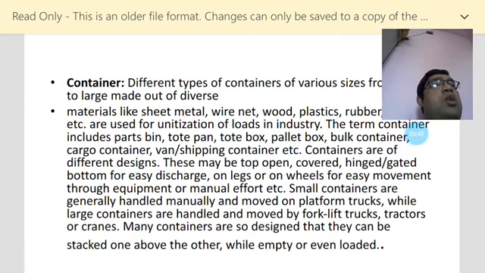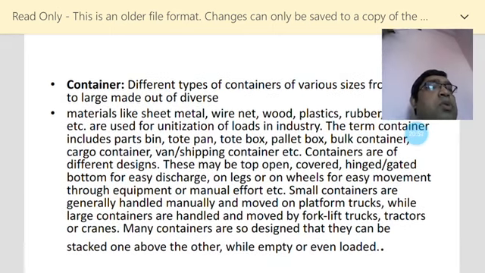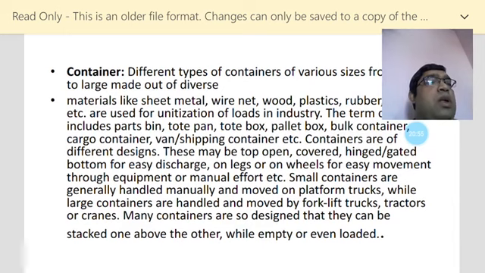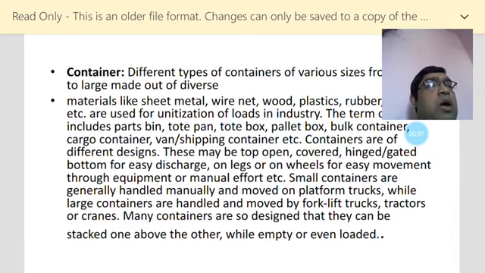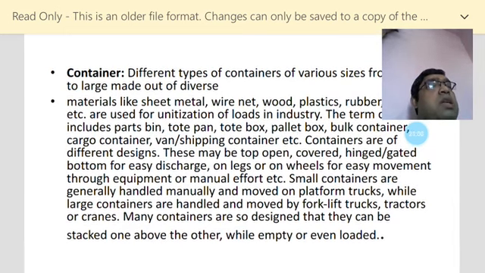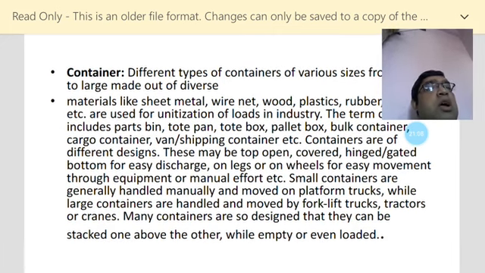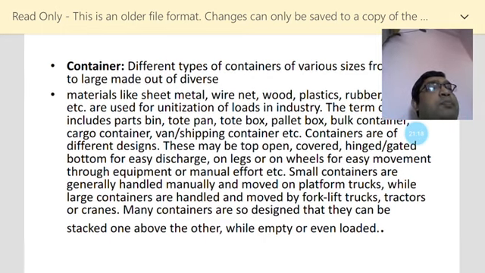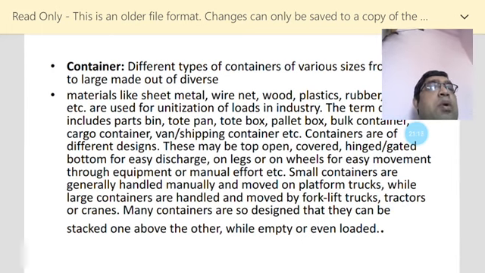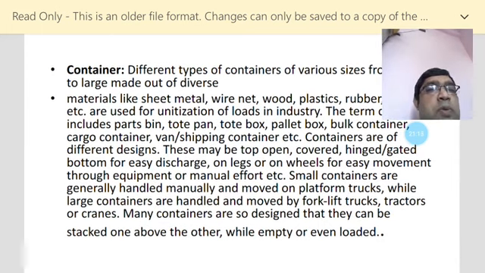Containers are required in different sizes, and sometimes in our nearest country, Bangladesh, from Kolkata to Bangladesh, a few types of materials like oil, wheat, and different types of crops are transferred to neighboring countries like Bangladesh, through the port.